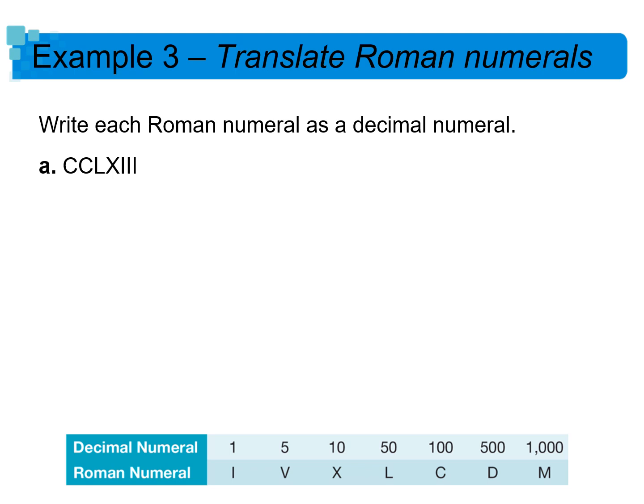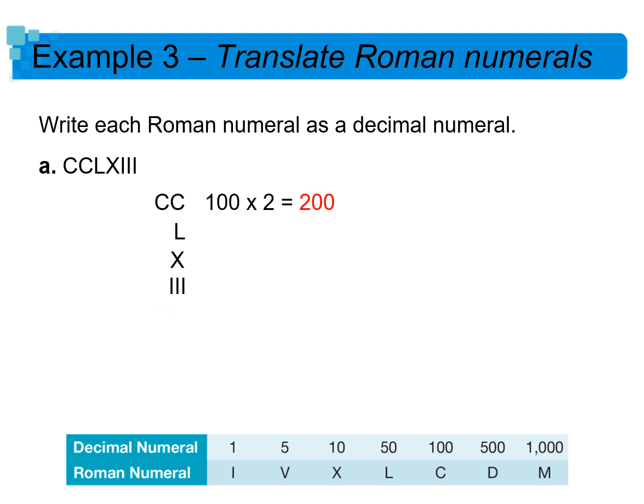The first one here: write each Roman numeral as a decimal number. CCLXIII, and I've given you the chart down at the bottom for reference. The way that I'm going to do that is similar to how I did it before: I like to write these out vertically. So I grouped the letters C, C, L, X, and then all of my I's together.